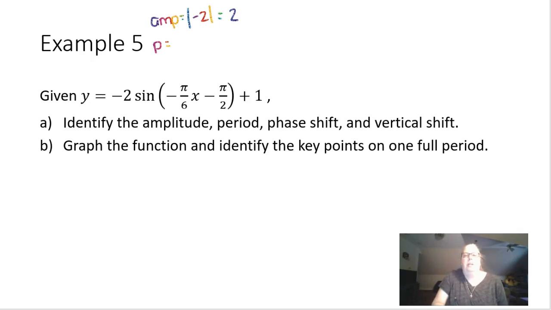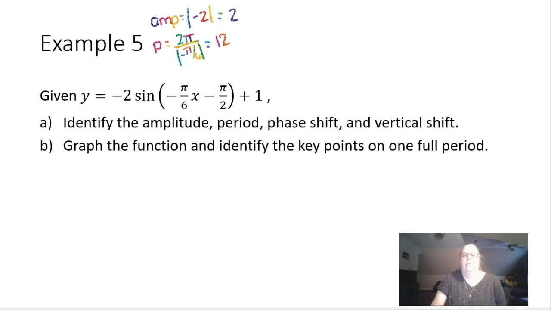The period is going to be 2 pi, that's the usual period for sine, divided by the absolute value of -pi over 6, because we do want the period to be positive. And when we do this division on the calculator, it turns out this is 12. The pi's are going to end up canceling each other out.